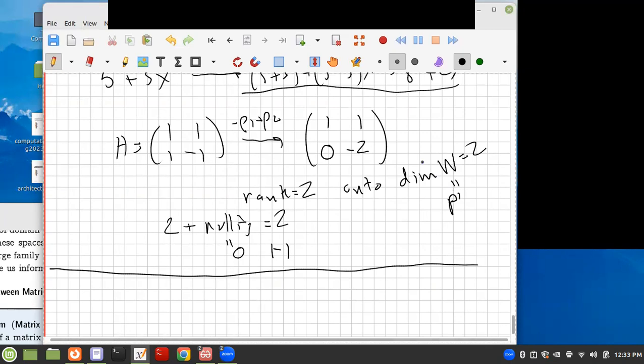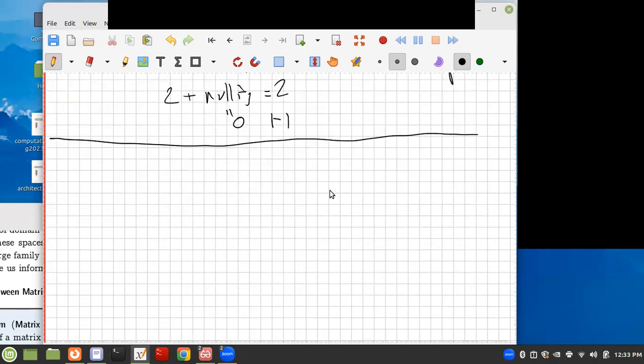So if the dimensions of the domain and codomain are different, you might not know the values, but you already know that it can't be either 1 to 1 or onto. But if the dimensions are the same, anything goes. So then you have to do this.